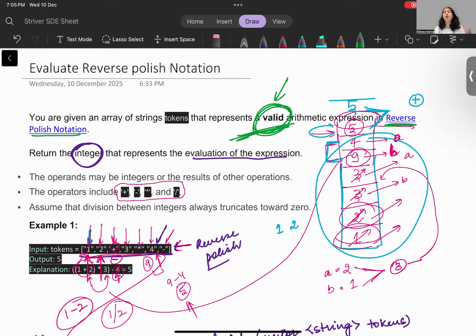That means the stack cannot be empty given you have encountered an operator. If you encounter an operator, that means you already have two elements in your stack. Not exactly, I would say, but at least you have two elements in your stack that can be taken up as A, can be taken up as B. I hope you're getting that, right?